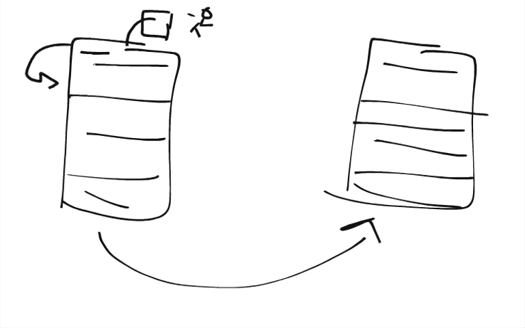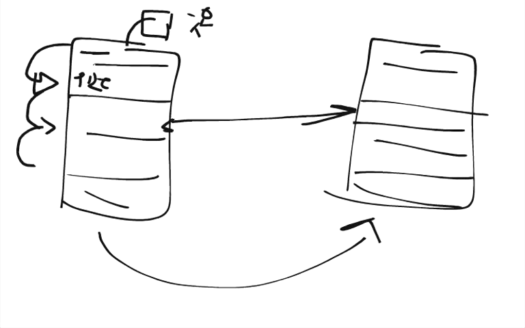The application layer gives that data to the presentation layer. The presentation layer converts the data into the machine readable format and gives it to the session layer. The session layer establishes the connection and gives it to the transport layer.